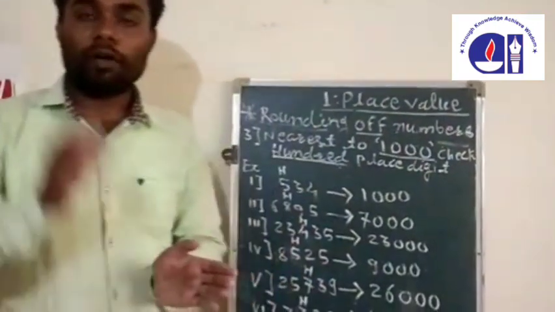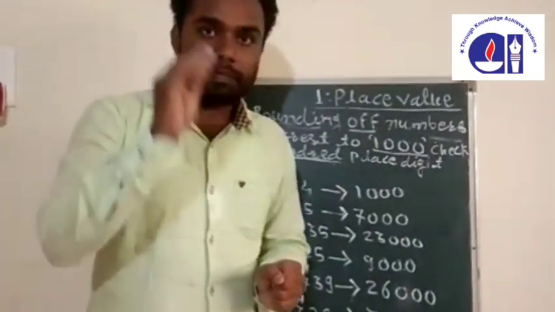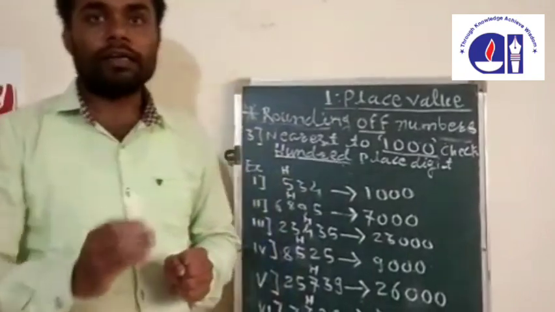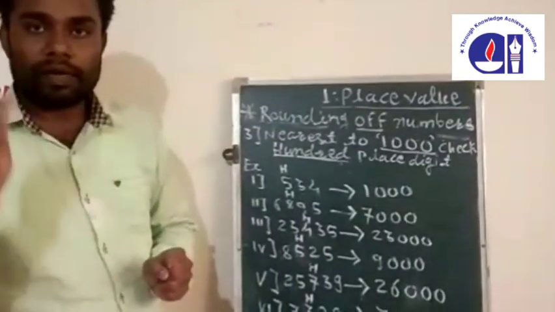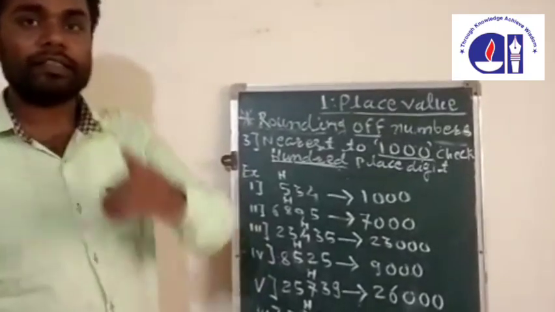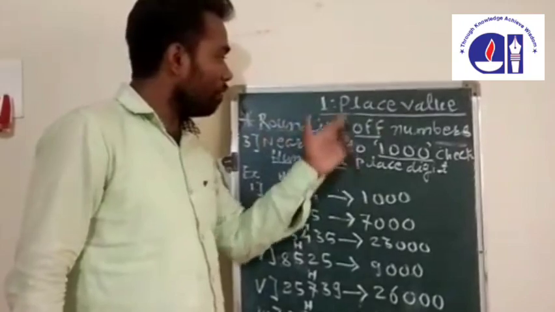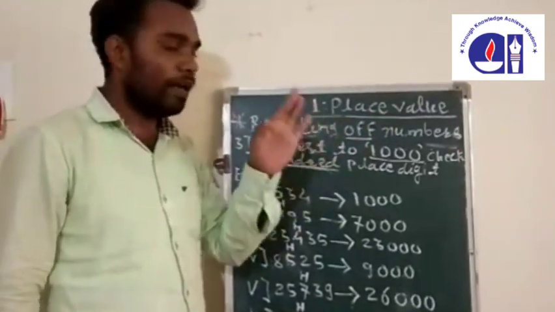And if the digit in the ones, tens or 100 place is 5, 6, 7, 8 or 9, we round to the next 10, next 100 or next 1000.